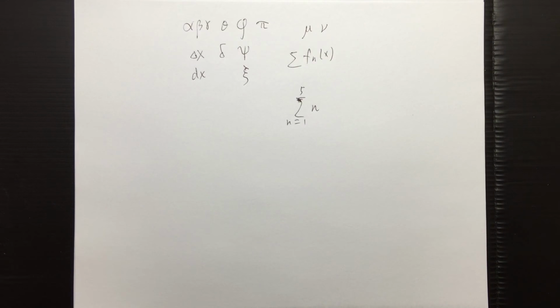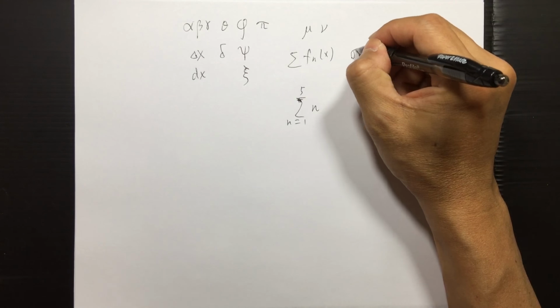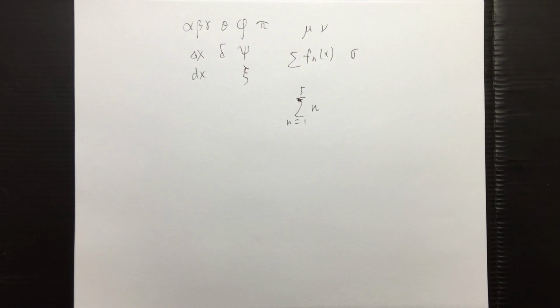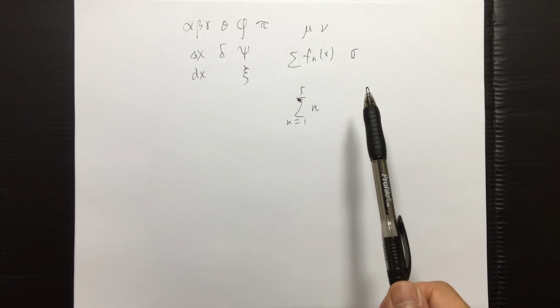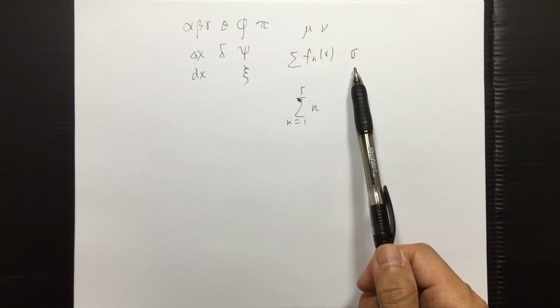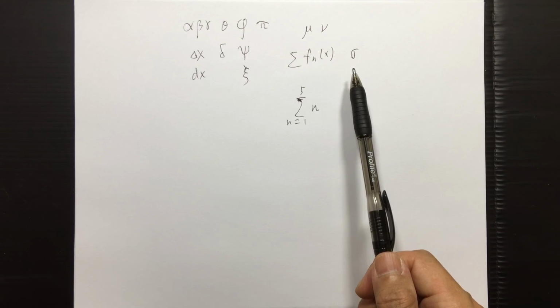And the lowercase sigma is also used. At least this is used as a deviation in the normal or Gauss distribution. You say 1 sigma; you know 1 sigma is 68% or something. They're within the error.